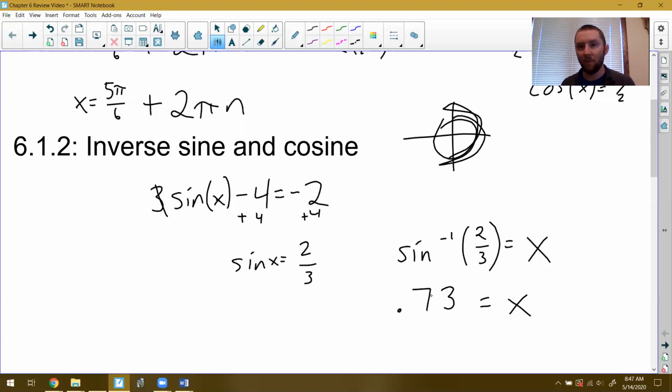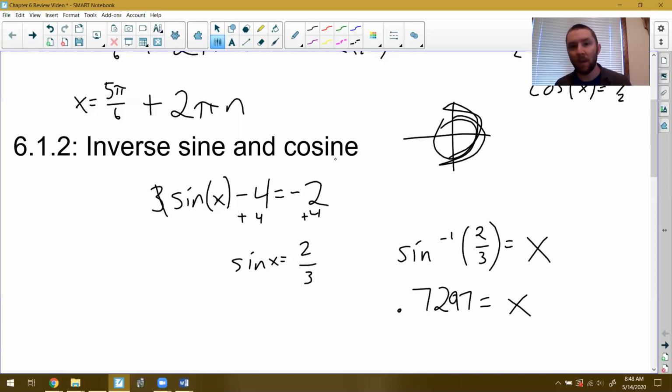Actually, I'm going to do 4 decimal places. That's what I want you to do on the test, at least until your final answer, is do 4 decimal places, 0.7297. Okay, so that's one angle in radians from my unit circle where the sine is 2/3.